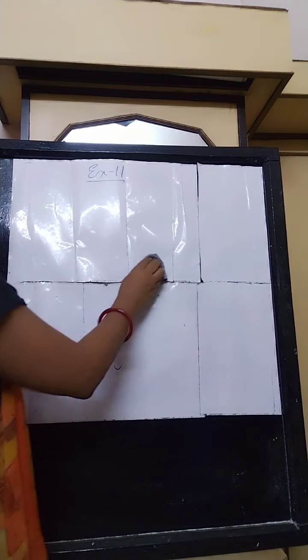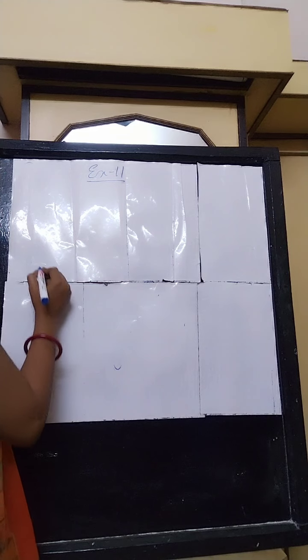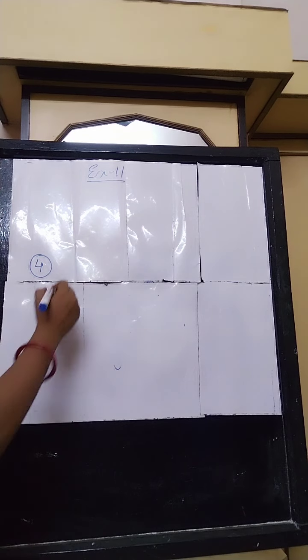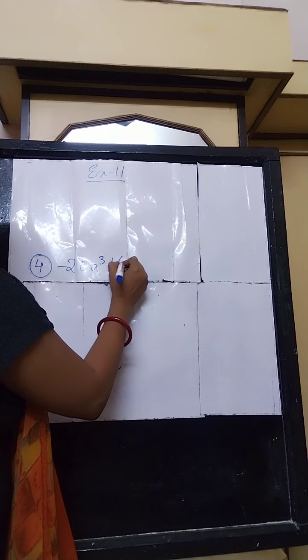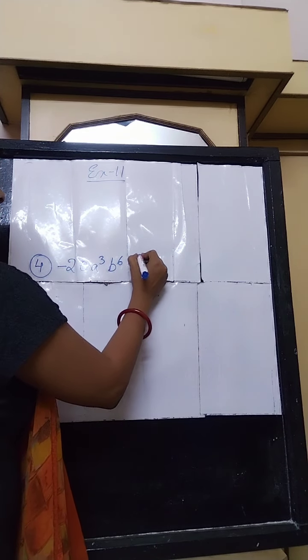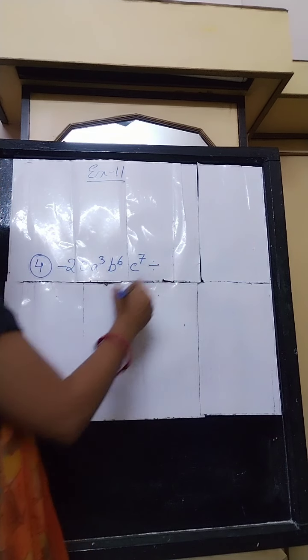In sum number 4 it is given: minus 20 a cube b to the power 6 c to the power 7 divided by 4a square b to the power 4 c square.